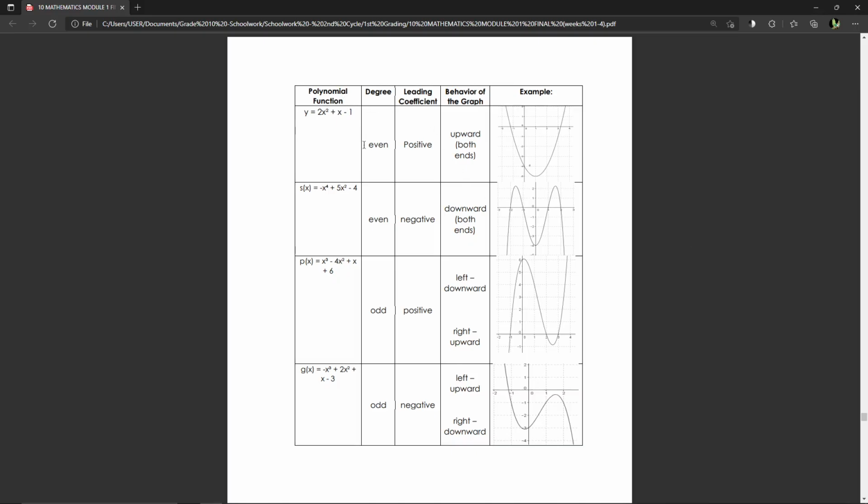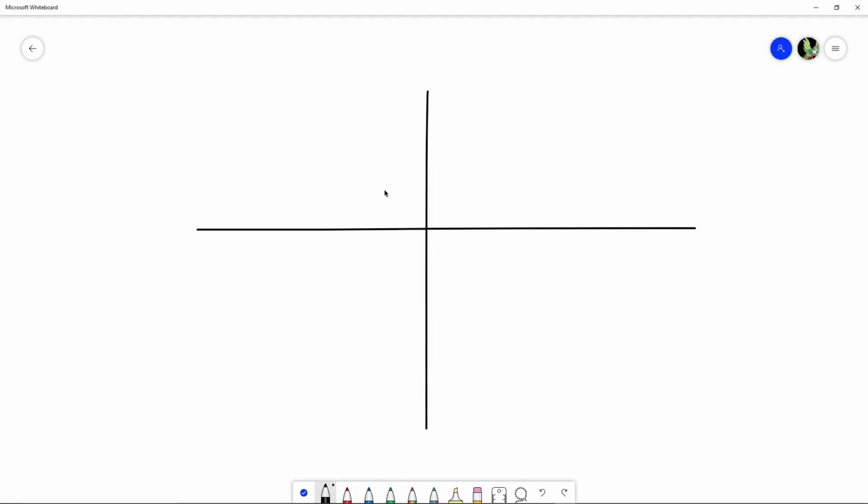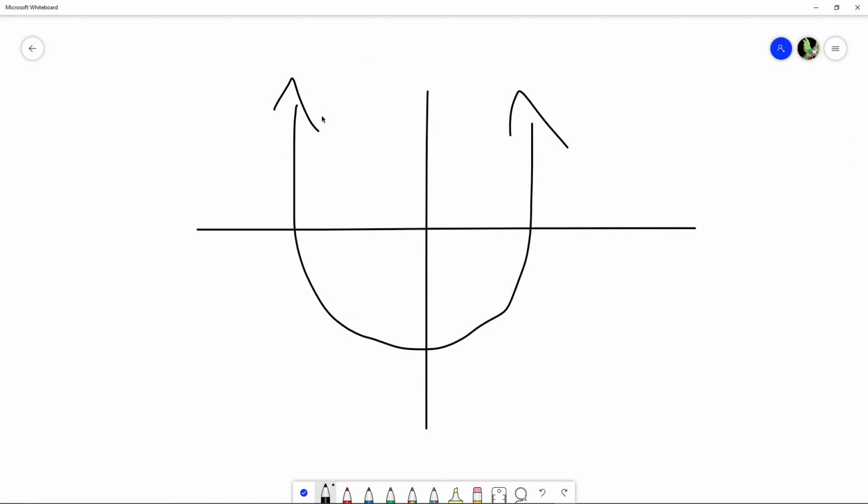So if you have even degree, even exponent, and a leading coefficient of positive, you have upward. The behavior or how the graph would look would have upward on both ends. That's the final outcome.